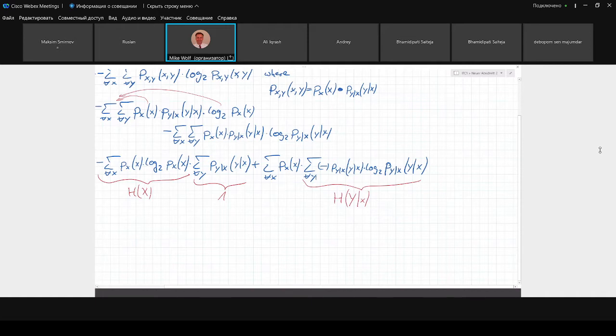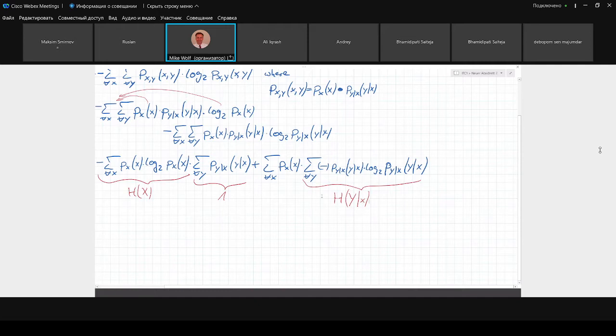Yeah? I consider all y values, look here. And then I measure the surprise in y here for this given lowercase x value. And sum up all information contents of these possible y values weighted by the probabilities. So this means this is a surprise in y for a certain value x.